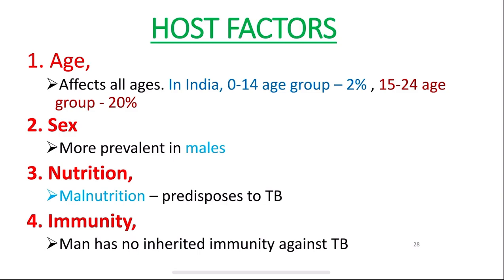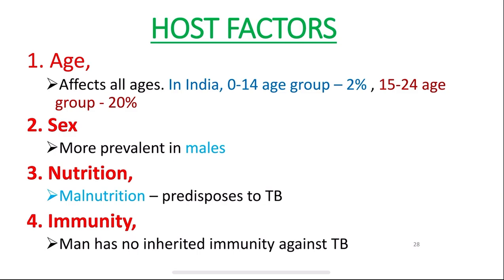Moving further to the host factors. The age group: it affects all the ages. TB is affecting all the ages; in India the rate is an average of 2% in the 0 to 14 age group. So we see that the infection rate is 2% in the 0 to 14 age group, and it is climbing up to 20% in the age group 15 to 24.